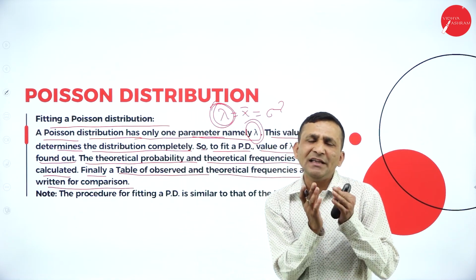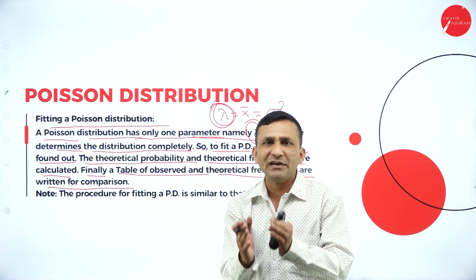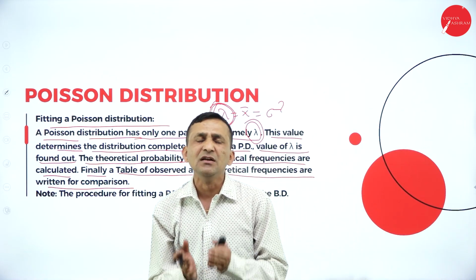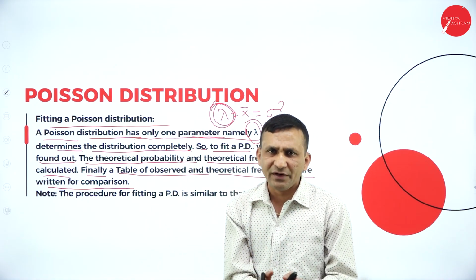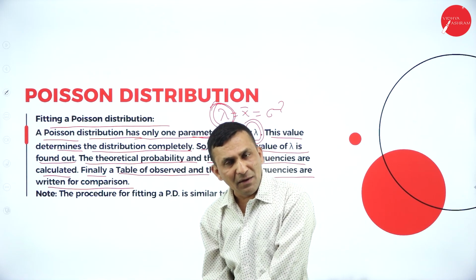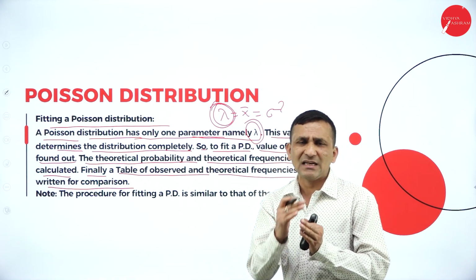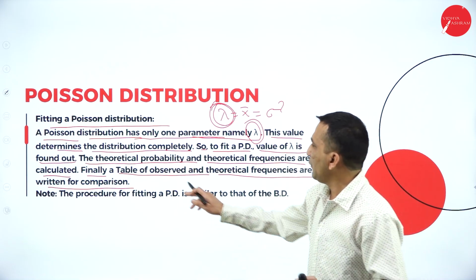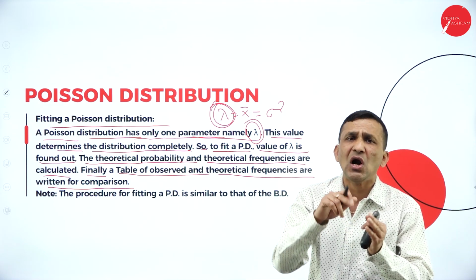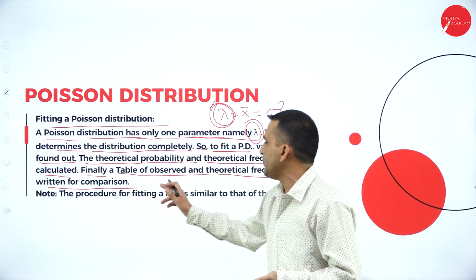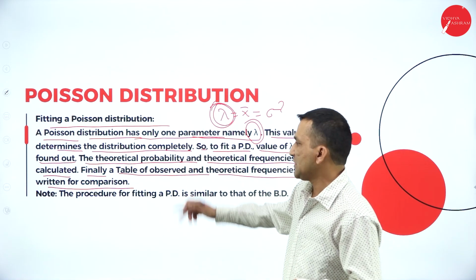Whatever X series and frequency are given in the question is your observed frequency. Using the probability mass function starting from 0 up to the end value, like 0, 1, 2, 3, we multiply with the frequency total, capital N, which gives the expected or theoretical frequency.